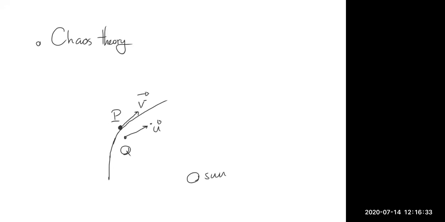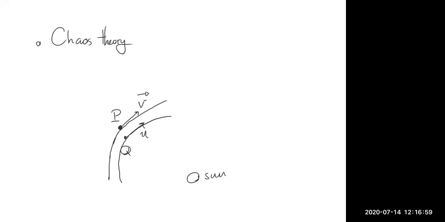These are called the initial conditions: the position where the planet starts to orbit and the direction of the orbit. If we change them slightly, not very much, the final result wouldn't change a lot.